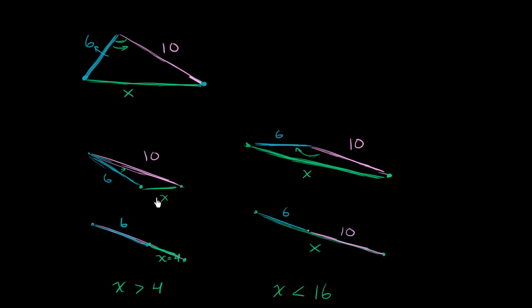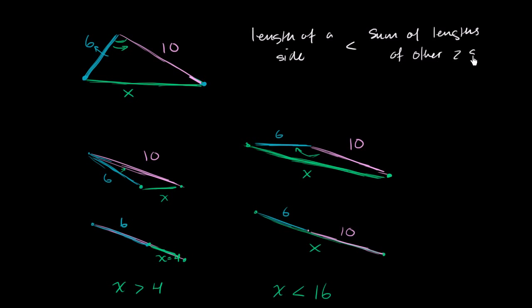Now, the whole principle that we're working on right over here is called the triangle inequality theorem. And it's a pretty basic idea that any one side of a triangle has to be less, if you don't want a degenerate triangle, than the sum of the other two sides. So the length of a side has to be less than the sum of the lengths of the other two sides.